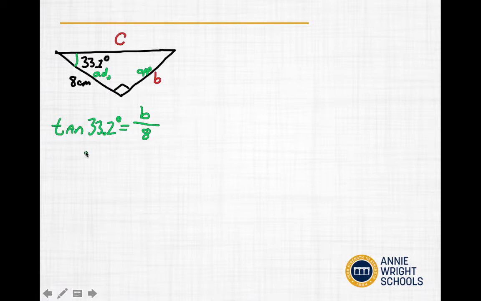This is a pretty easy problem because all I have to do to solve for B is multiply this side by 8 and multiply this side by 8.